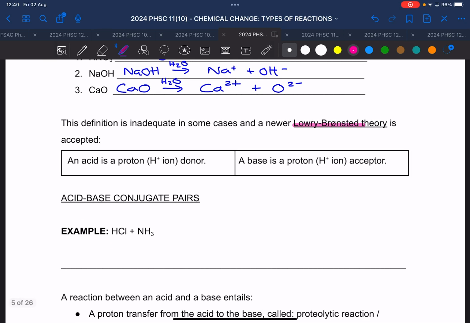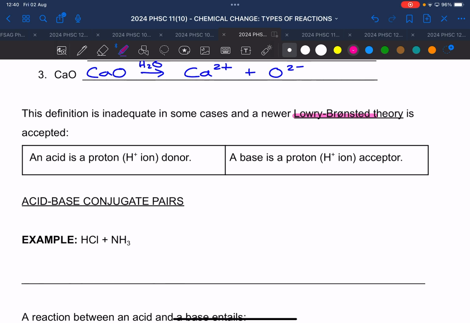It says an acid is a proton donor, meaning giving away. And we've discussed now what is a proton. It's just a hydrogen ion. And a base is a proton acceptor. Acid gives away, a base takes. Okay, let's see how that will work.